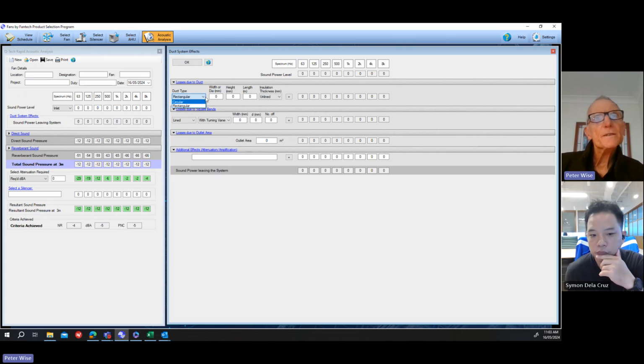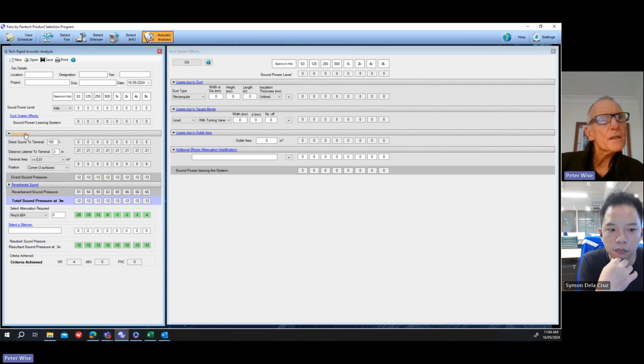Circular, rectangular duct, you can put in the sizes, and then you can choose whether it's unlined, 25 internal, 50 internal, and we'll put some numbers in there for you, and so on. So this is very useful if you're required to do a calculation. And just work your way through. Direct sound to terminal.